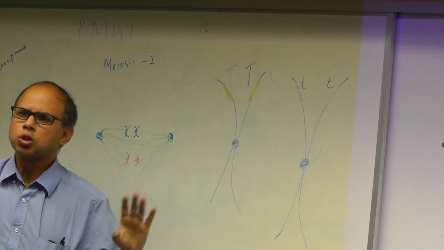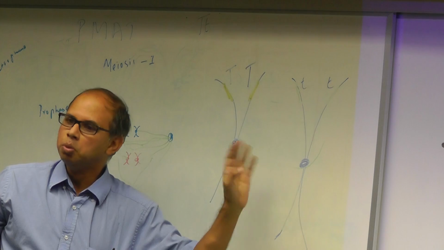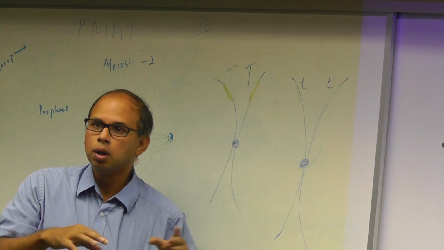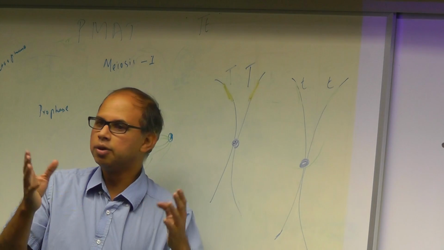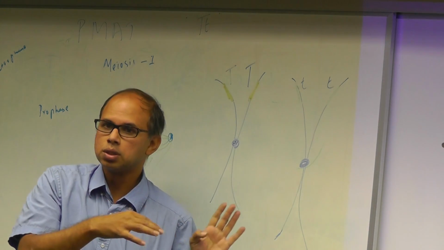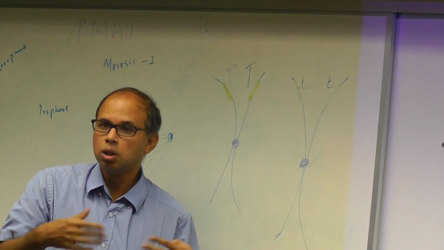Now, other things also may happen. There could be mutations that create a completely new allele. A new gene could be created if something abnormal happens in this process, and that's one of the ways we evolve.